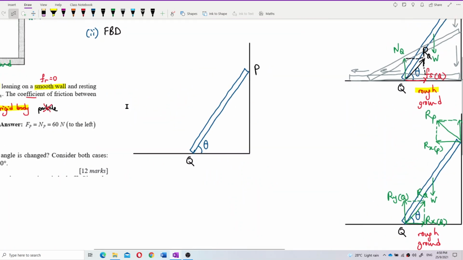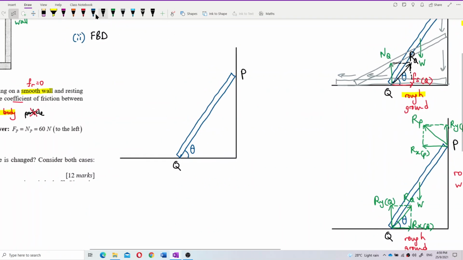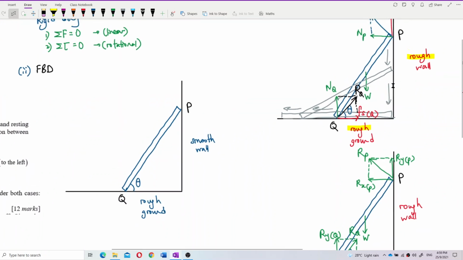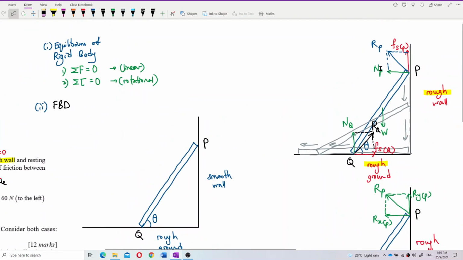So just now he said this is a smooth wall, whereas this is the rough ground. Smooth wall has no friction, just normal force.